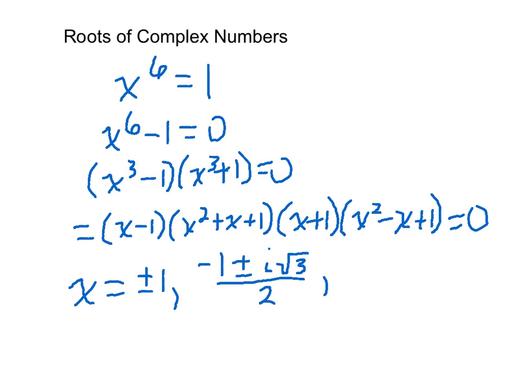And the second complex solution I have is 1 plus or minus i times the square root of 3 all over 2. So each of these particular solutions is a positive and negative solution. So I have 2, 4, 6 different solutions here. So I do in fact have 6 roots of the real number 1.